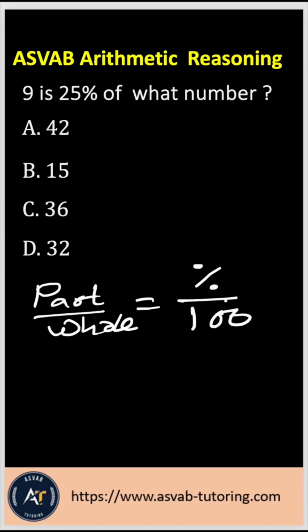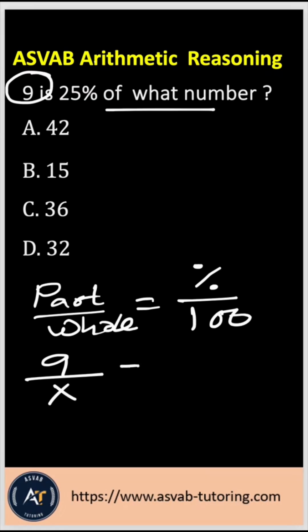You can solve any kind of percentage related problem using the formula. Part is the part, and "of" means whole. So that is 9 over whole, which is not given, so you have to find that. Say that is x, and then 25% is 25 over 100.